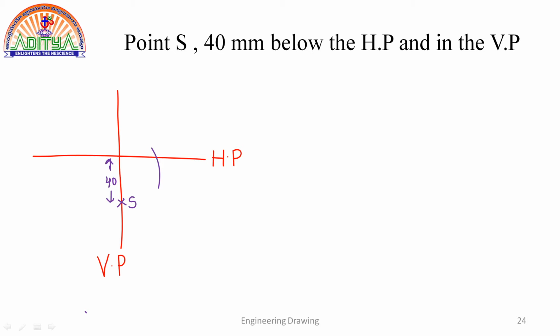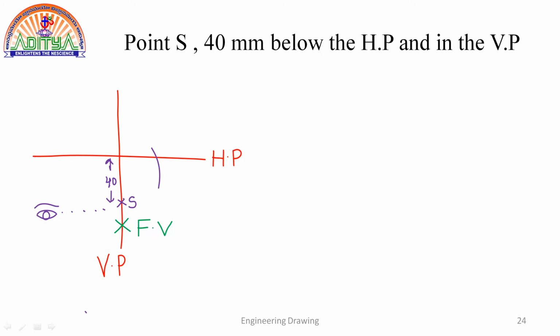Now we have to draw the projections of this point S. If you are seeing this point from the front view, the front view is projected on the vertical plane only.